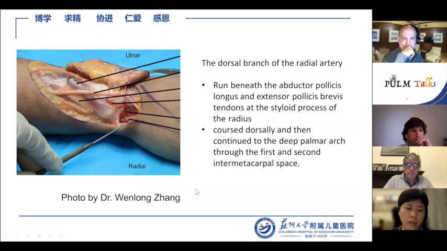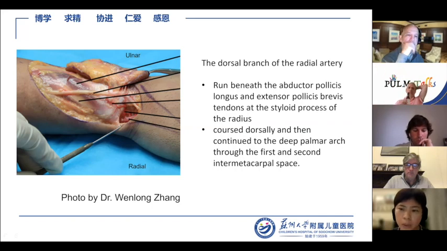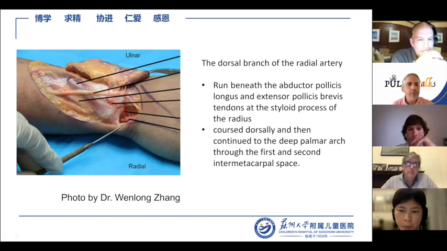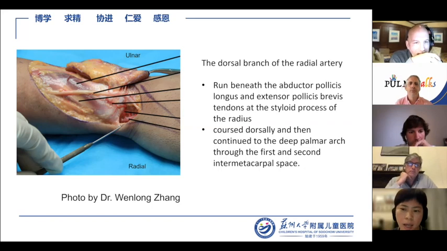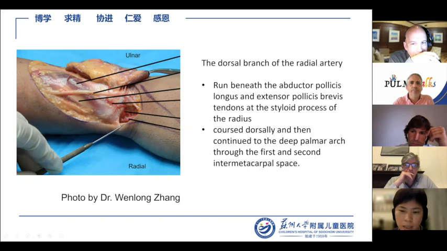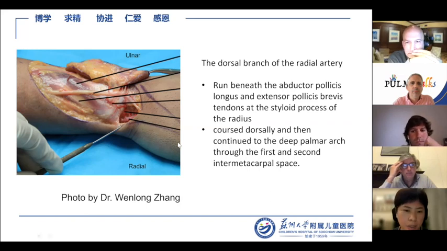And these photos are by Dr. Wenlong Zhang, my friend, and this picture shows the dorsal branch of the radial artery. It runs beneath the abductor pollicis longus and extensor pollicis brevis tendons at the styloid process of the radius, crosses dorsally, and then continues to the deep palmar arch through the first and second intermetacarpal space.